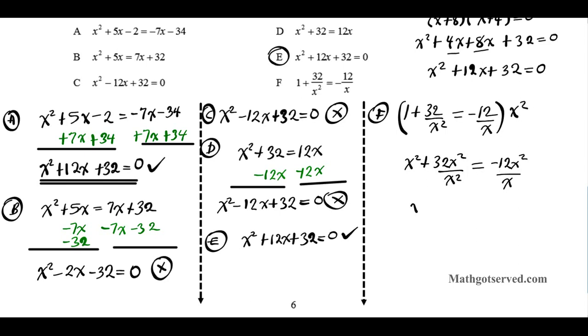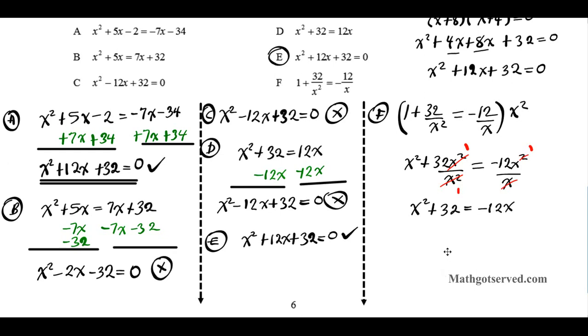So if we reduce this, we'll have x squared plus 32 equals, because these x squares divide out, they cancel out. x squared goes here 1, x squared goes here 1. And then x goes into x squared x times. So on the right side, we'll have minus 12x.